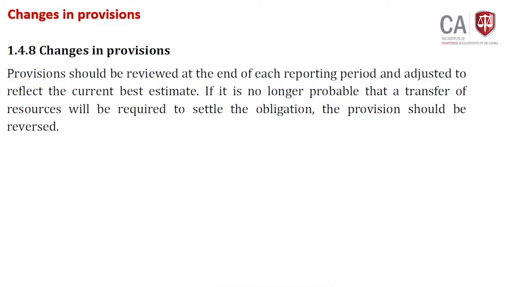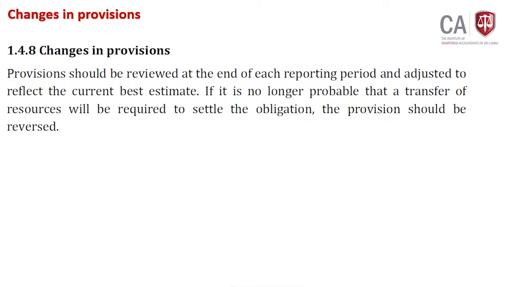If it is no longer probable that transfer of resource will be required to settle the obligation, the provision should be reversed. Right? Example. Now let us say there is a case against the company. Lawyers are of the view that company need to pay some money, therefore you made a provision.